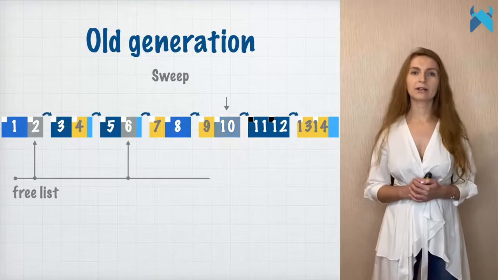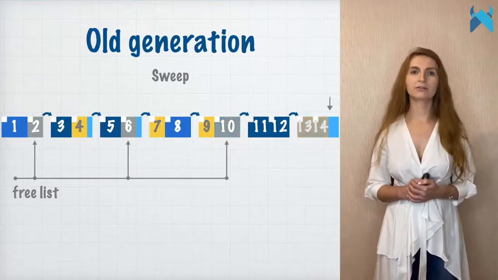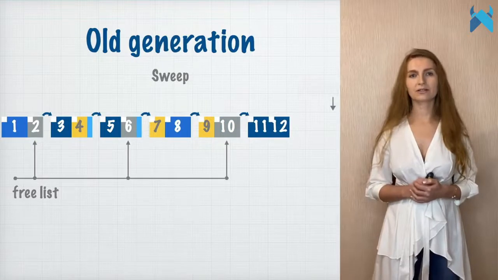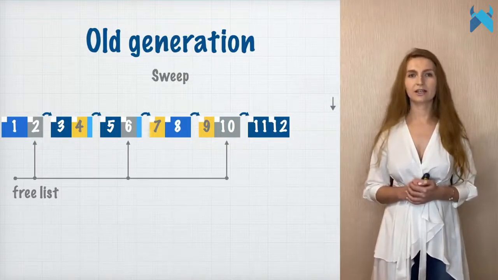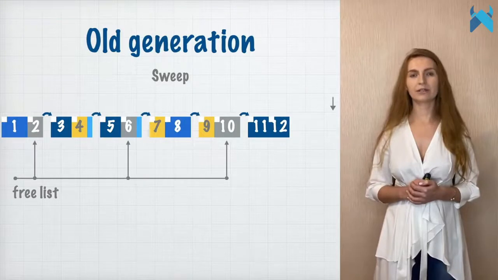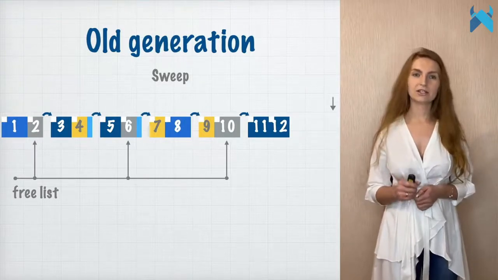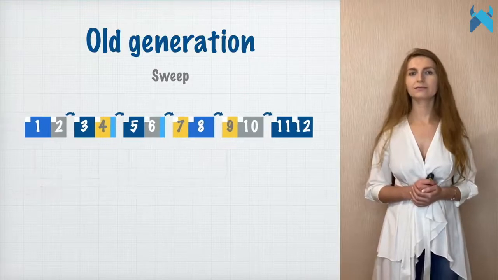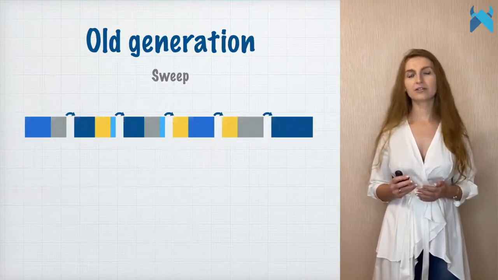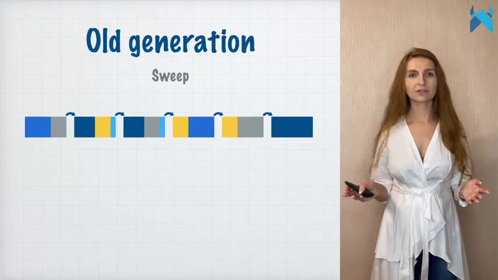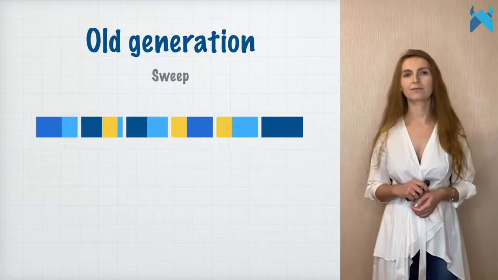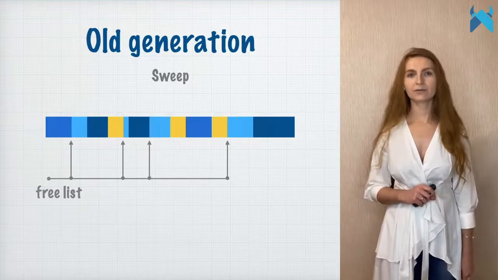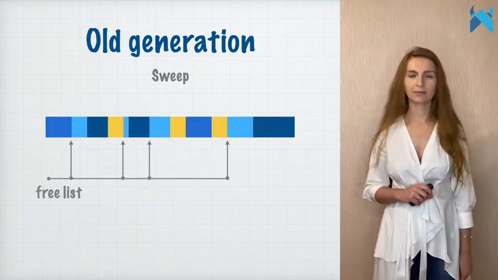It, however, adds all the unmarked objects to the free list. If it appears that all objects on some page are inaccessible, the page is deallocated and is released to the operating system. In addition, some large pages can be truncated. As you can see, the old generation may not only grow, but also shrink in size. The sweeping phase allows refreshing free lists with known slots of available memory.